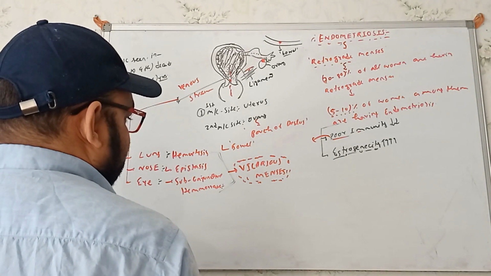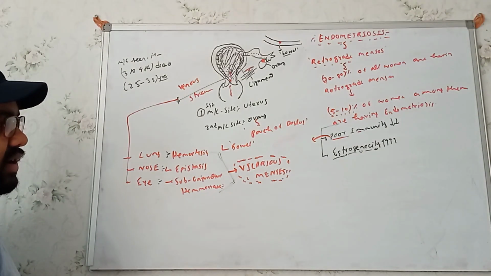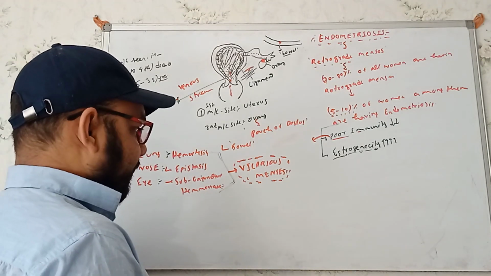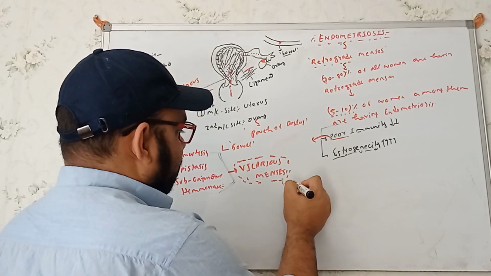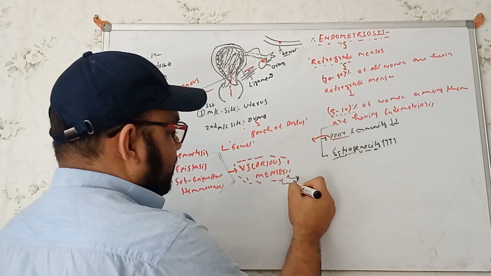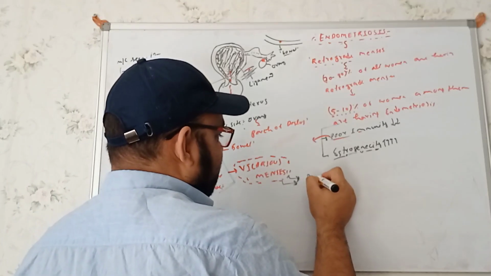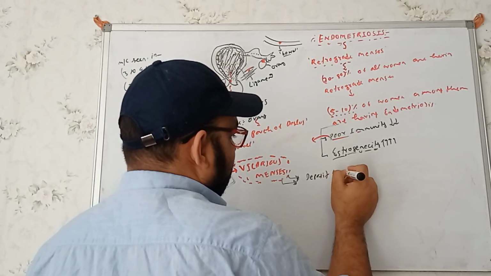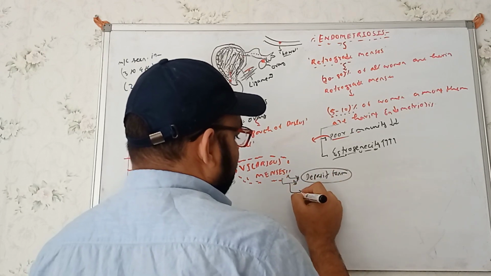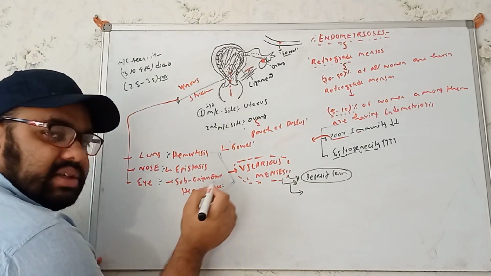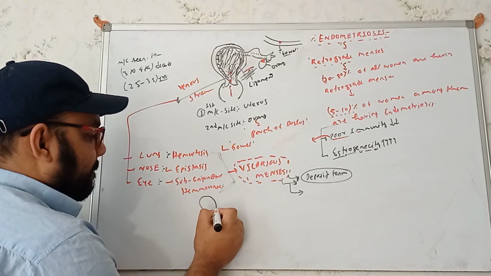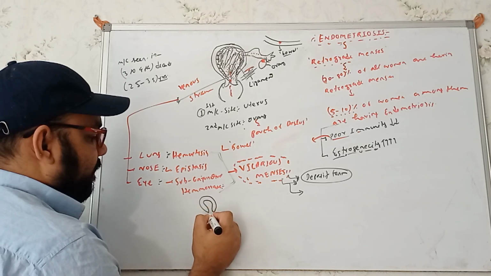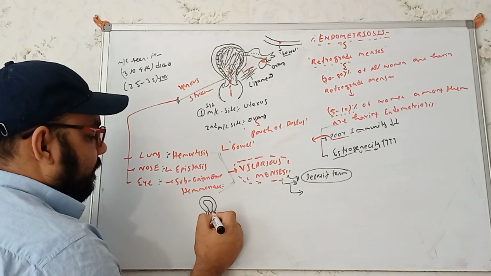Now, on histopathological examination, how can we recognize or identify endometriosis? For example, in these cases we'll see deposits.